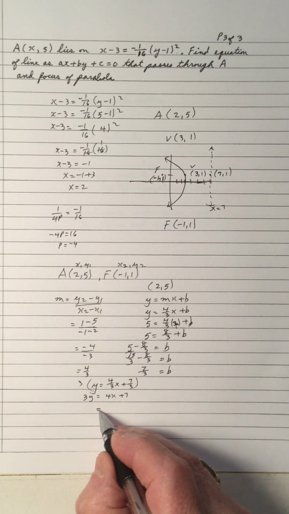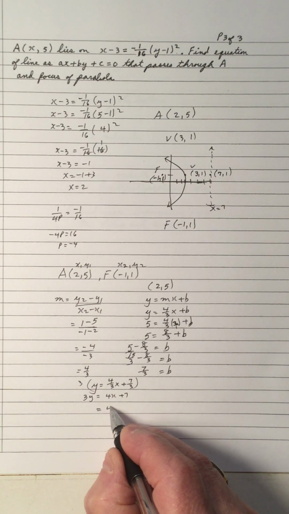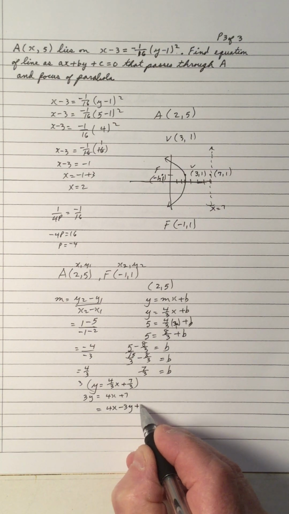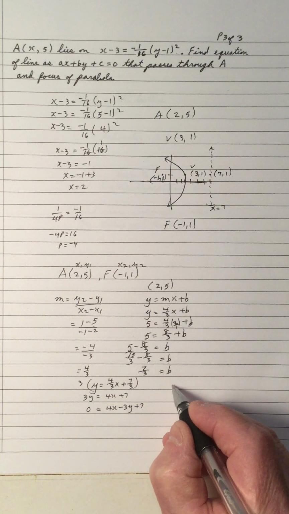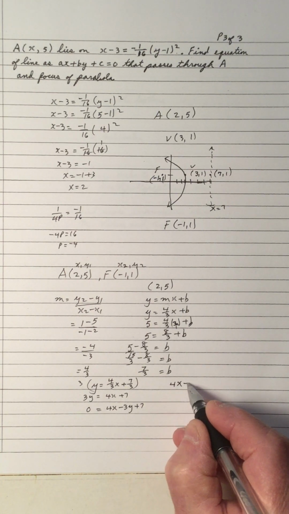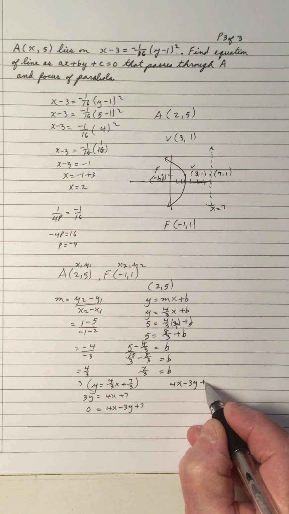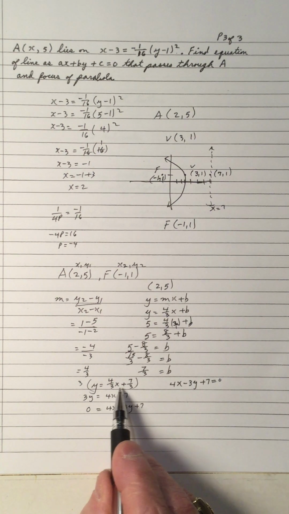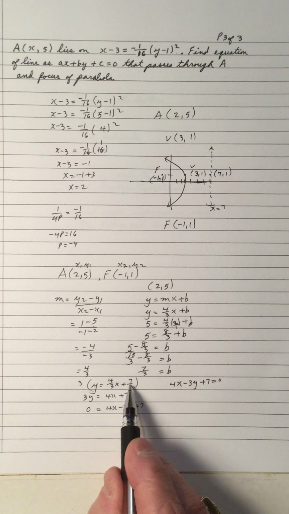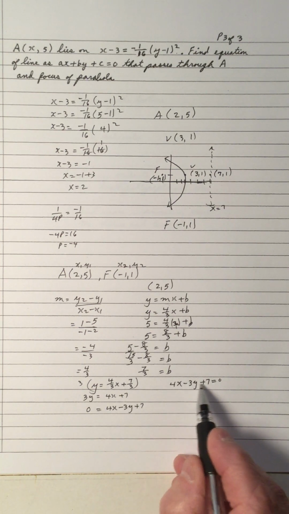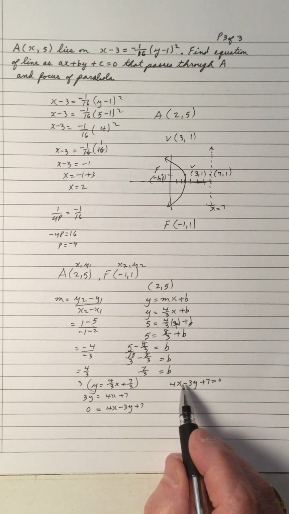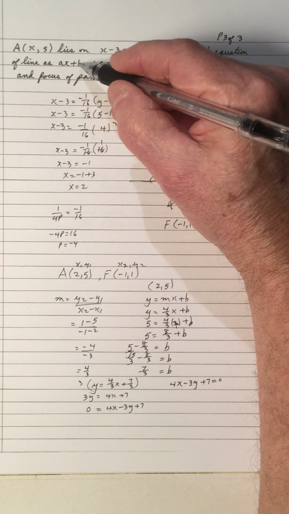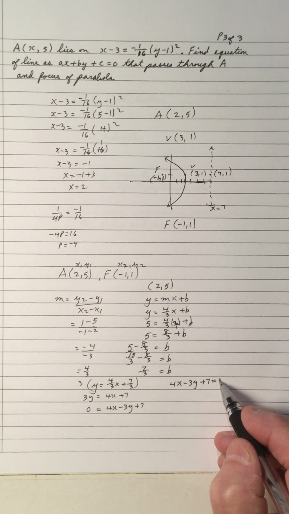So we can leave the 4x there, move the 3y to the right, make it negative, equal to 0. So the equation is 4x minus 3y plus 7 equals 0. The slope y-intercept form has slope 4 over 3, y-intercept 7 over 3, but we want it in this standard form, ax plus by plus c equals 0.